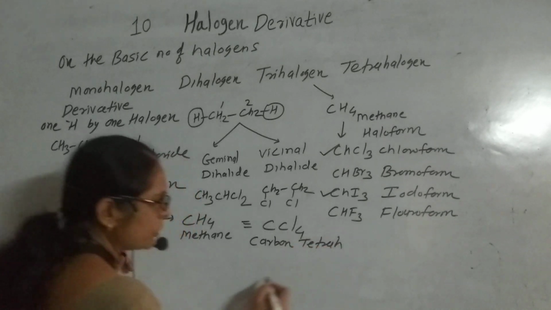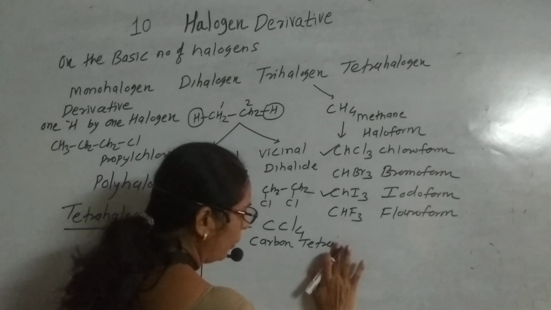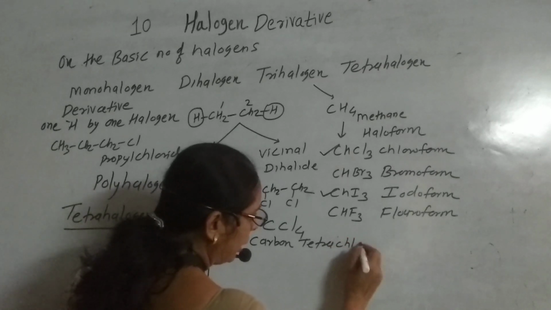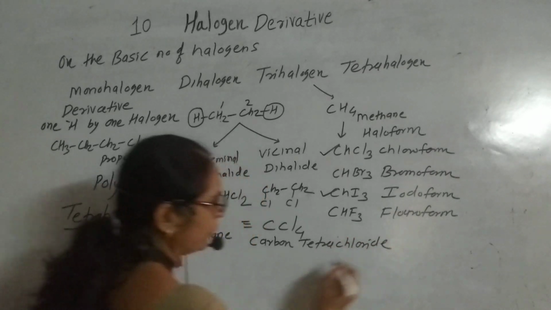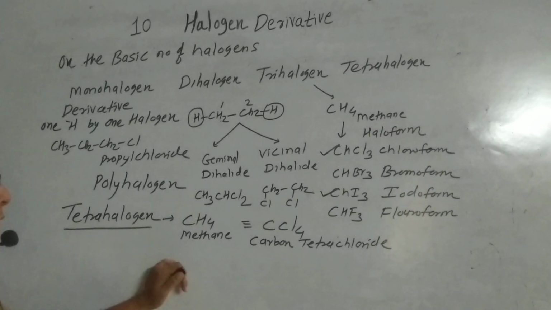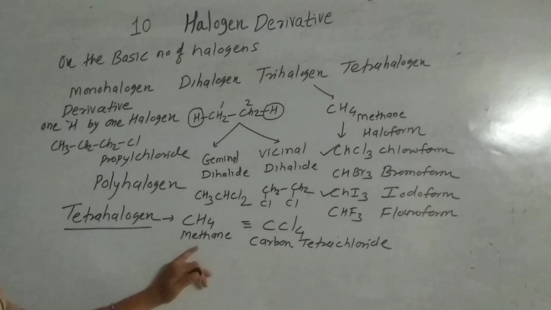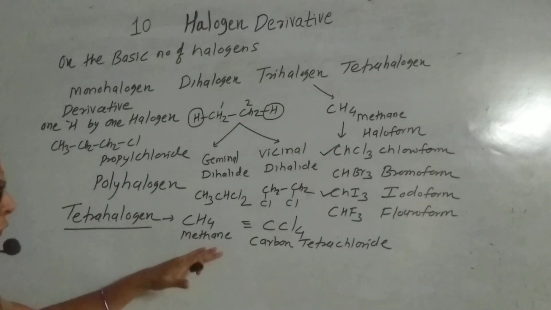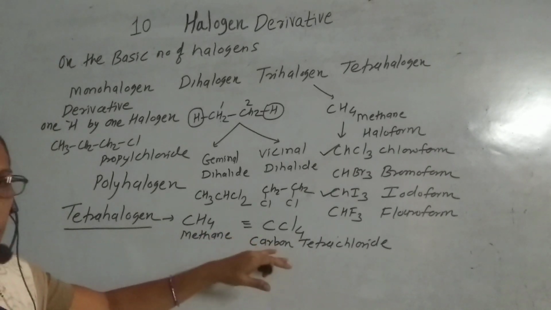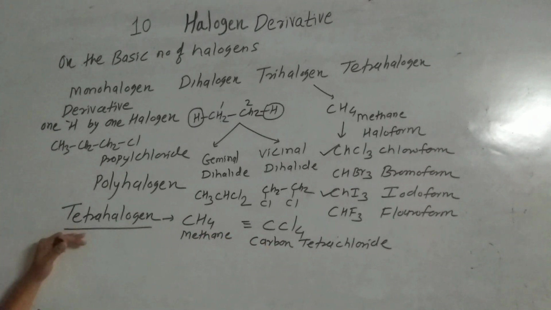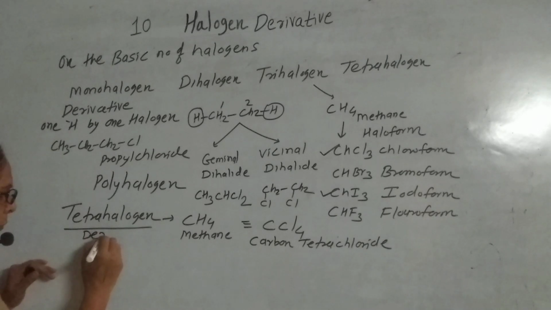That is one of the good solvents. Because carbon has only 4 hydrogens, this is obtained by replacing the 4 hydrogens by 4 halogens. So it is a tetrahalogen derivative.